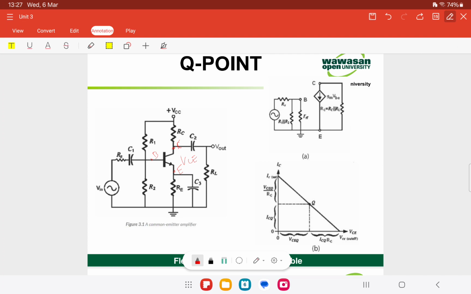Otherwise, clipping at cut off and saturation at the output, due to being overdriven by the input signal, will occur, which we call distortion. This is the non-linear distortion caused by large signal swing.